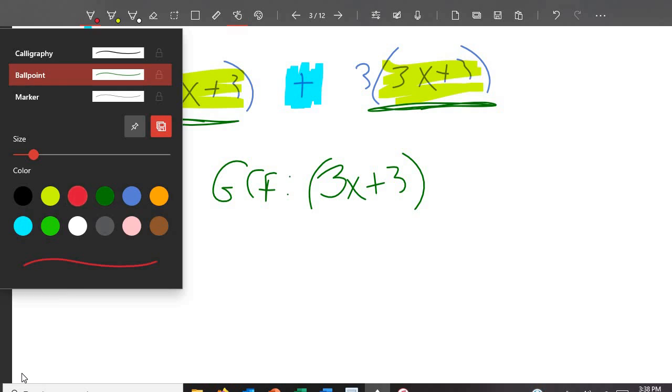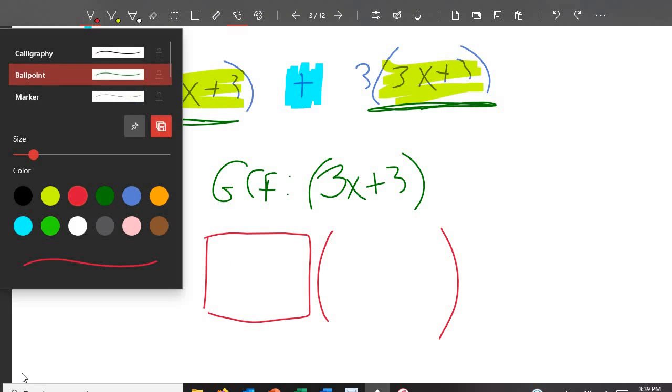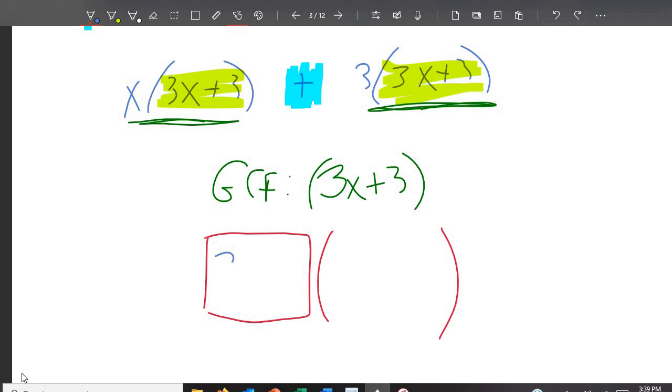Now, to actually factor out the GCF, remember you're going to have something in front of a set of parentheses. This time, what's going to go in the box is the 3x plus 3 in parentheses. So just like before, the GCF is going to go in front, but the GCF now is a binomial.